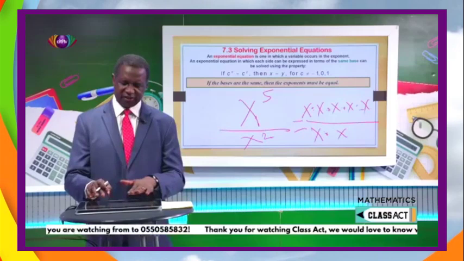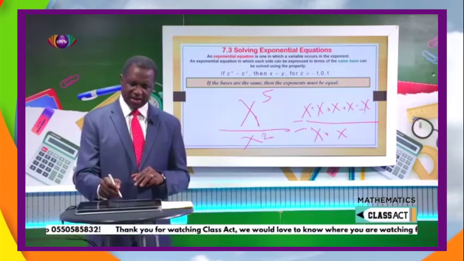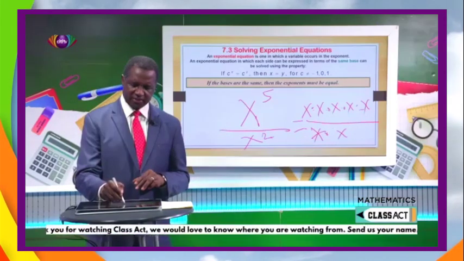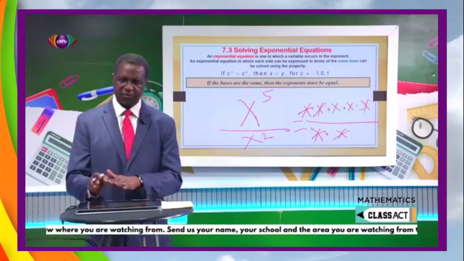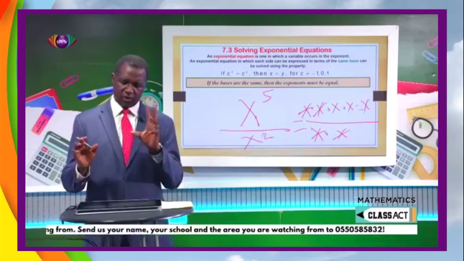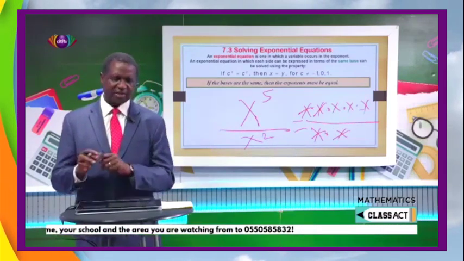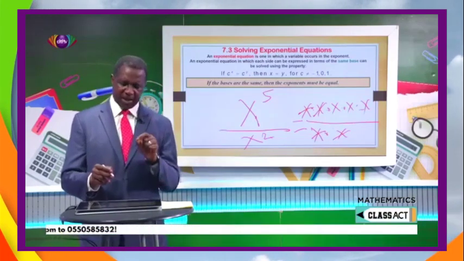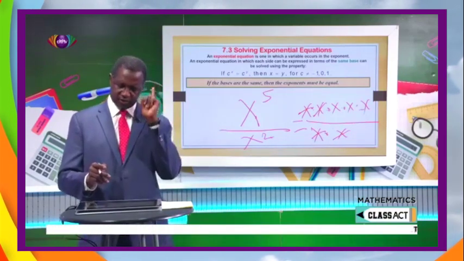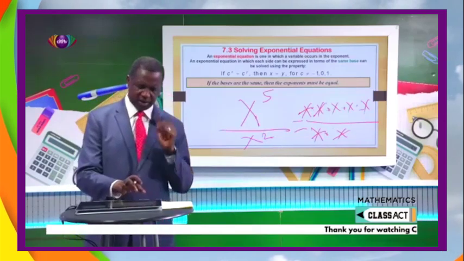There are 5 x's at the top and 2 x's down. One x will cancel this x, another will cancel this x. I'm left with 3 of them. Since I'm multiplying, this is not 3x, but rather x to the power of 3.